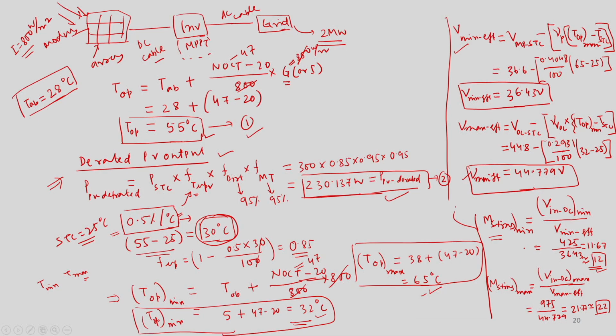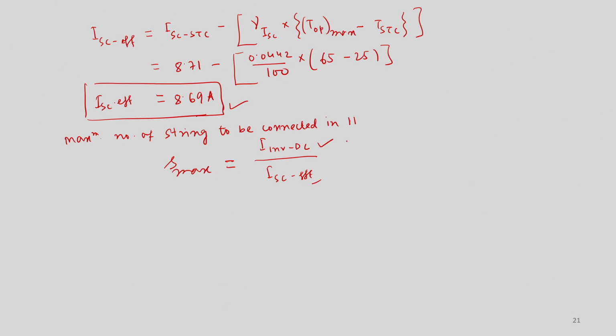Substituting 600 and ISC effective of 8.69, it will be about 69.04, equivalent to 69. So, the maximum number of strings to be connected in parallel is 69. Now we have to match it.